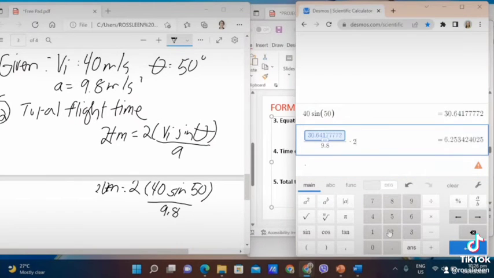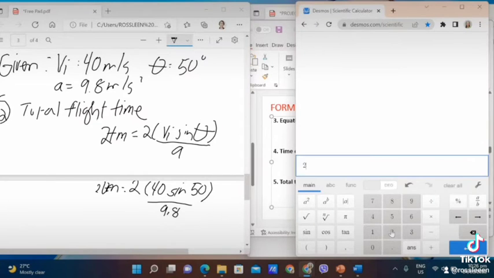But using the Desmos calculator, you can just encode the formula or the equation straight ahead.